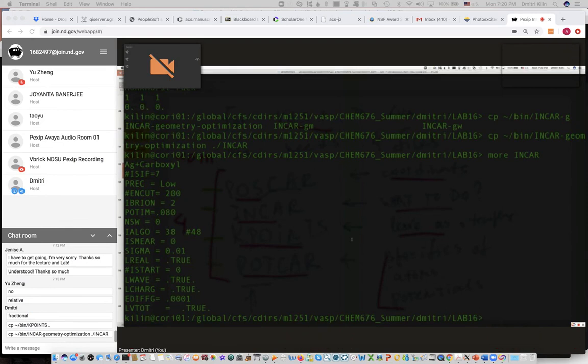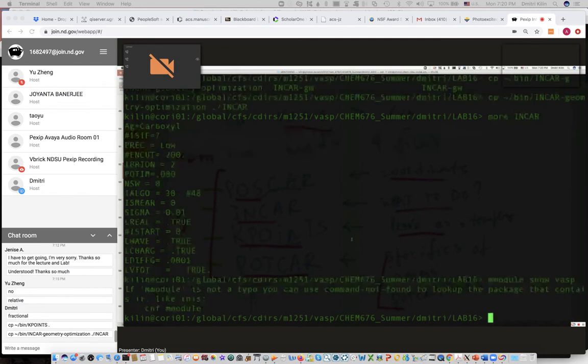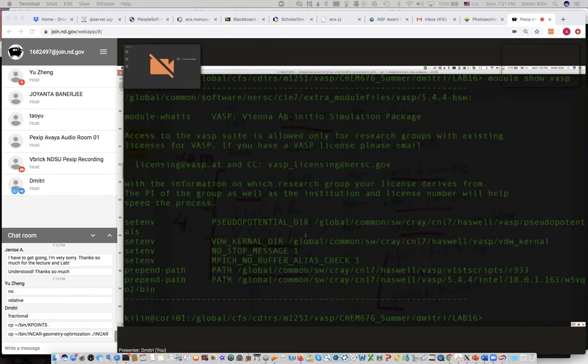For potentials, one needs to do a little labor, but it's quite logical. I type module show vasp. It shows in which directory the VASP files are located, and it shows the pseudopotentials directory. So I copied it, Control C. Now I'm doing head POSCAR.